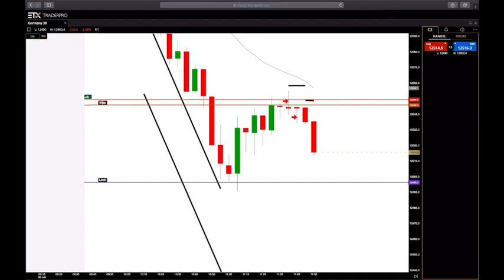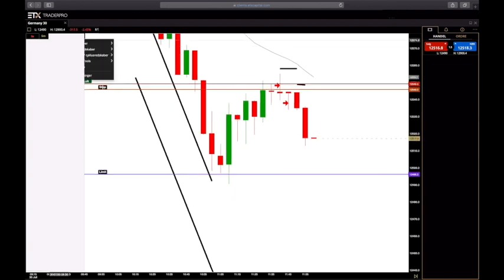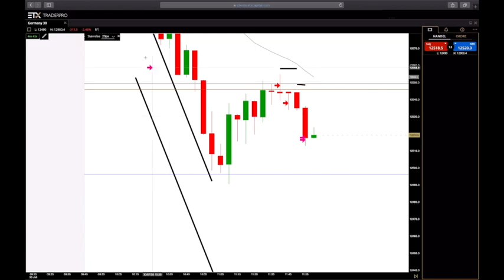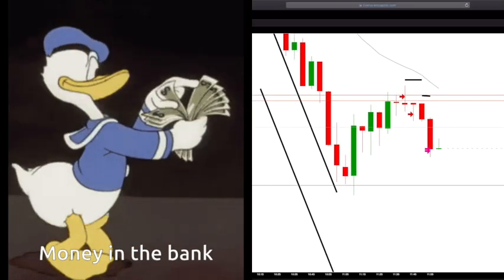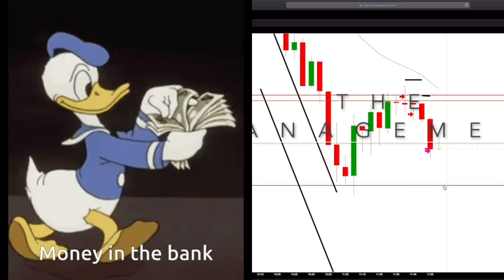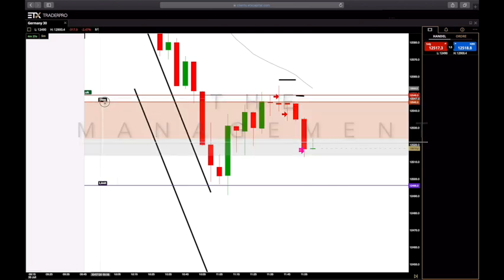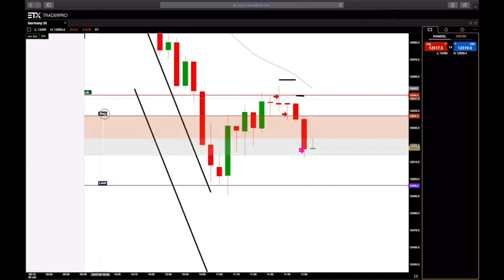My entry is at 12,550. So I'm putting in a couple of arrows because I took just a little bit off from the initial entry. So now I've got 2 profits in the bank, and my runner is a bit smaller. And that's nice because it gives me confidence to manage these runners for a longer time.